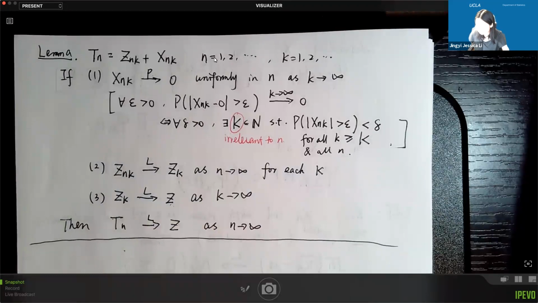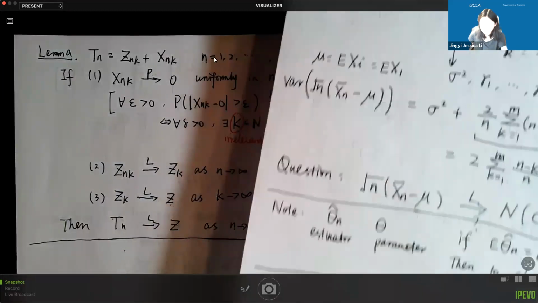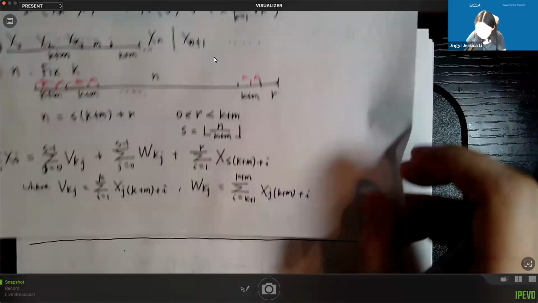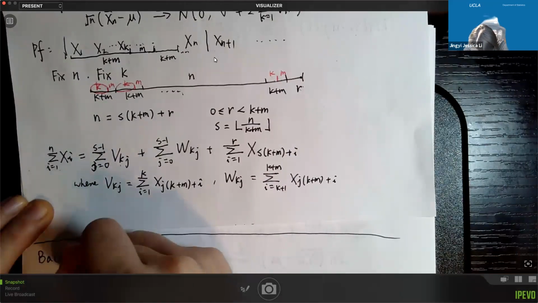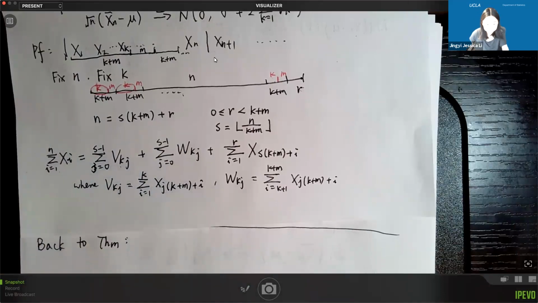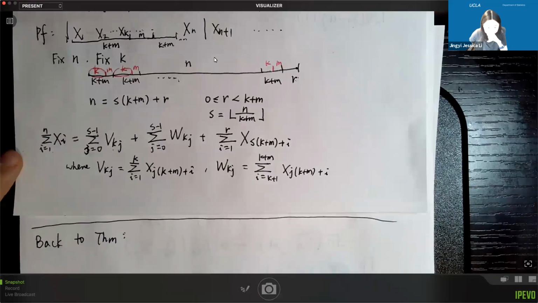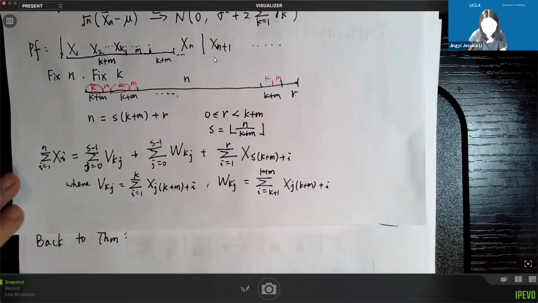Okay, so just to simplify our notation a little more, coming back to the theorem, I'm going to introduce some notations to help us. I'm going to simplify things a little bit so that I'm not going to stick with the notations in the notes, because the notes have another set of intermediate notations which complicated things a little bit.